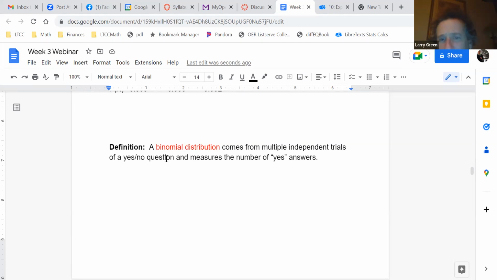So there's lots of examples. Let's suppose that you're a nurse working with patients. Let's say you're working with cancer patients, and what you want to find out is, of your patients, how many of them are going to die of cancer when they come in? There's a certain probability of dying. Sorry if this is depressing, but I know some of you are thinking about medical care, and this is important.